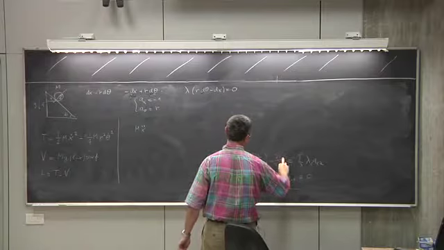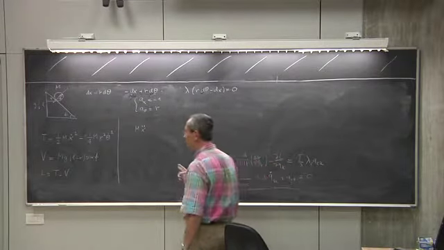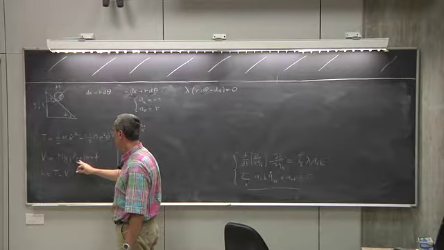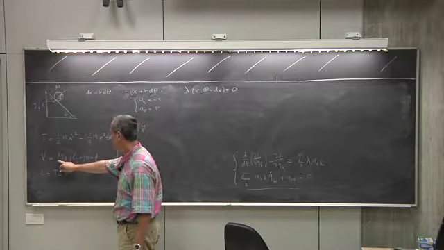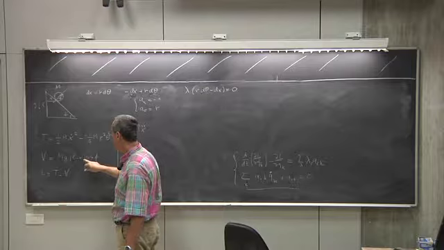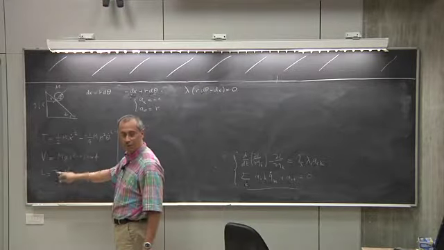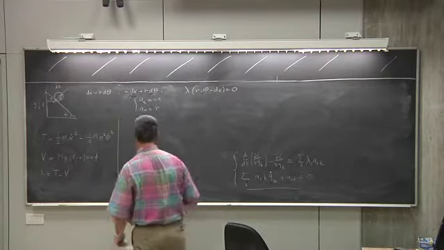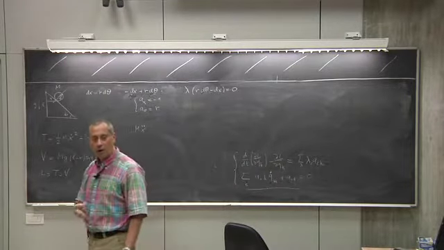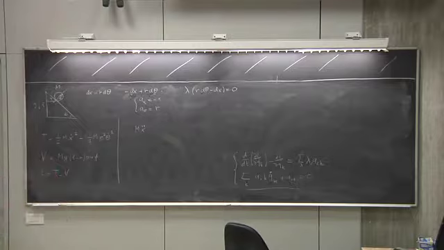Minus the partial derivative of the Lagrangian with respect to x. And x here is only in the potential. You see that the partial derivative gives mg sine phi with a minus, but I get an extra minus because the Lagrangian is T minus V. Odd numbers of minuses give minuses.